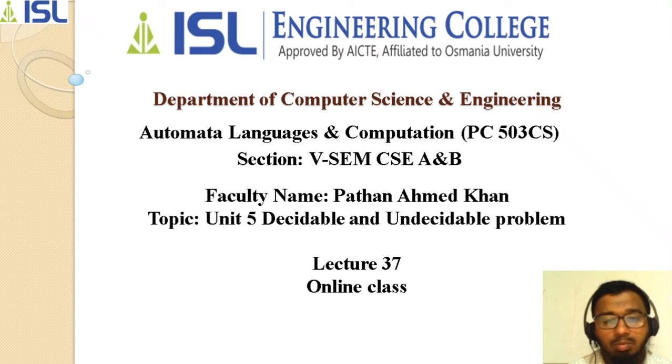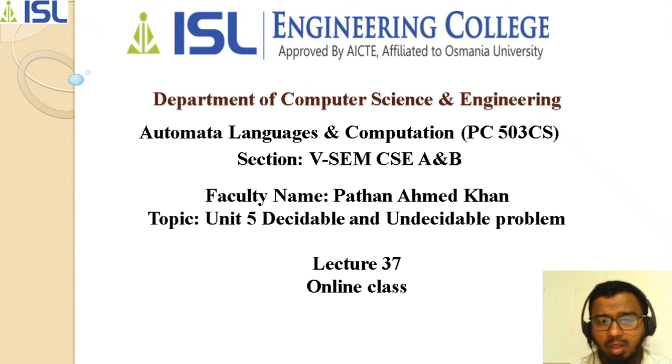Undecidable problem can be solved with the help of Turing machine. Okay, so let's see the difference between decidable and undecidable. Decidable means whatever the problem is, it will be solved and give you the proper answer. Take the example of palindrome. It will check whether it is a palindrome or not and tell you.